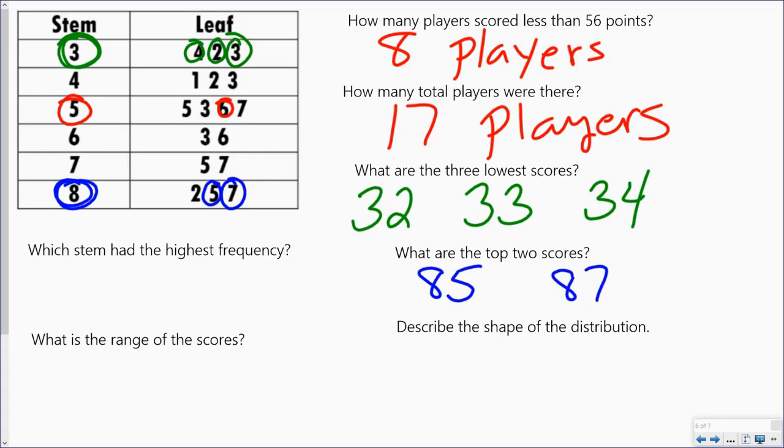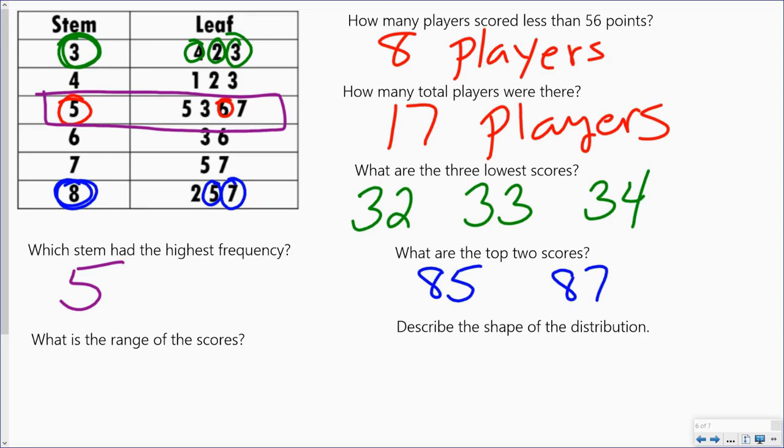Which stem has the highest frequency? So again, I want to see which one has the most because that's what it means by highest frequency. And it looks like this right here has the most. And so the stem of 5 has the highest frequency.